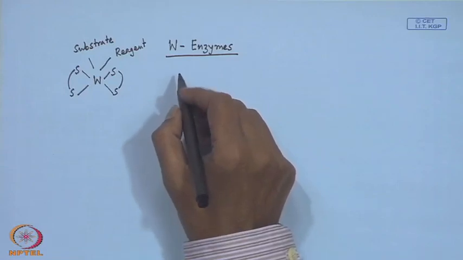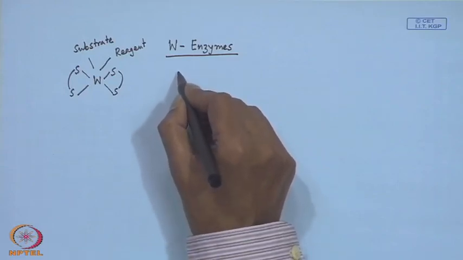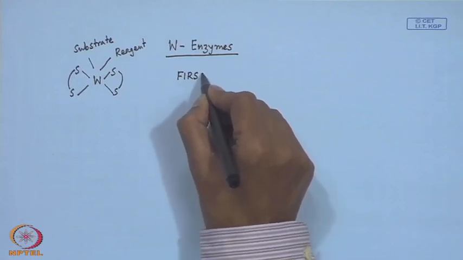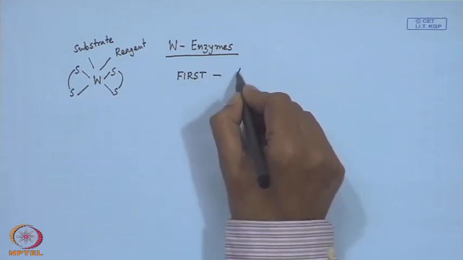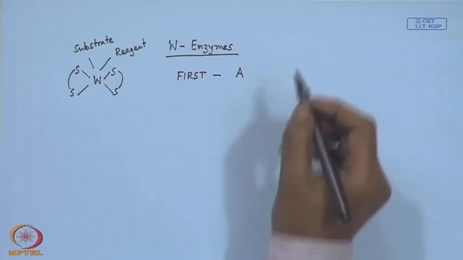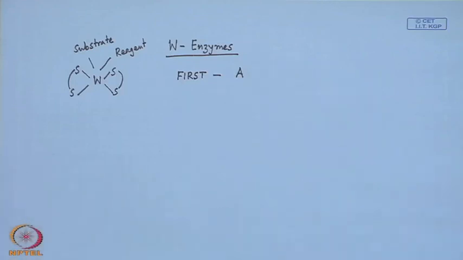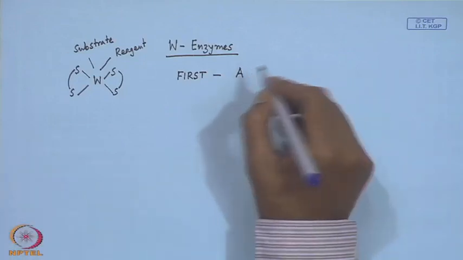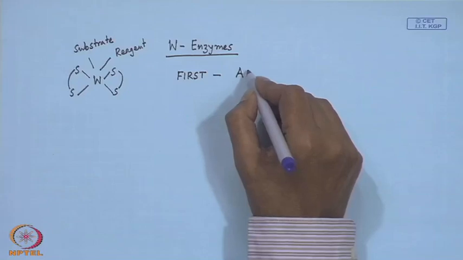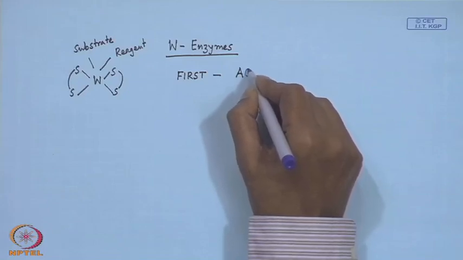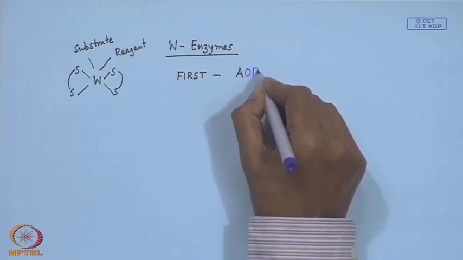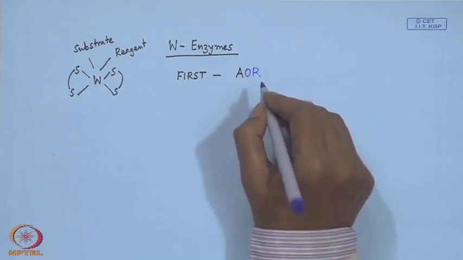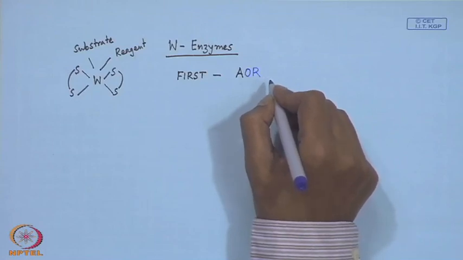And the first group of molecules that we have seen were dealing with aldehydes, and these aldehydes, when they are involved in some form of oxidation and reduction reaction, belong to a family of metalloenzymes known as the AOR family, the aldehyde oxidoreductase family.